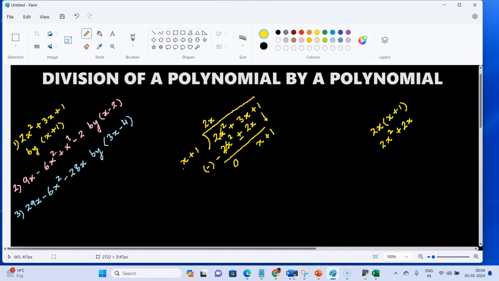Now we have x over here and we have x over here. Now we have to find the number by which when we multiply this x, the answer would become x only, and that number is 1. So once we multiply 1 with x plus 1, we will get x plus 1 only, right?